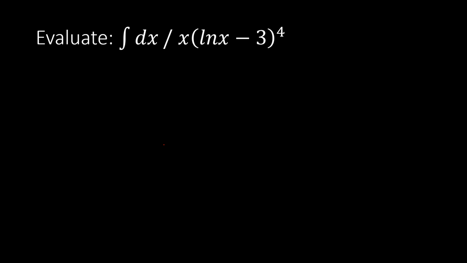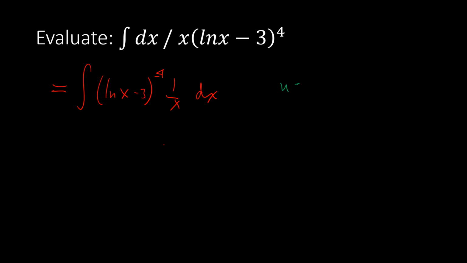The integral of dx all over x times (ln x minus 3) raised to 4. Let me write this as (ln x minus 3) raised to negative 4 times 1 over x dx.